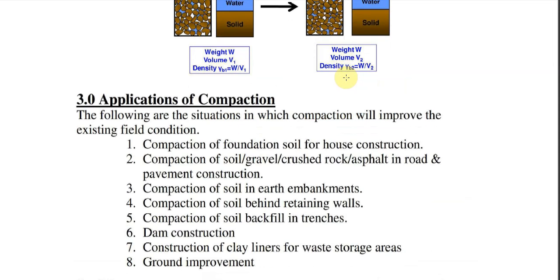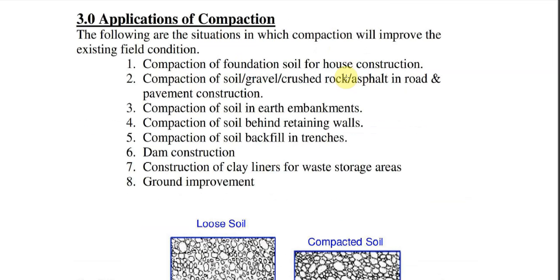So next, application of compaction. Now, before you construct any house, the soil beneath it is compacted. Whatever soil is filled up to plinth level, that soil is compacted. And compaction of soil, gravel, or crushed rock, or even you are compacting the bitumen, that is asphalt, when you are constructing roads or pavement.